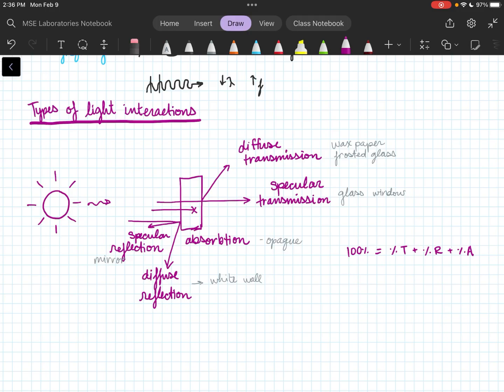So we end up with this equation: 100% equals the transmitted light plus the reflected light plus the absorbed light. If I have a perfect system where I know none of the light is being lost, wandering off, this is a great way to convert between how much was transmitted and reflected to measure how much was absorbed.